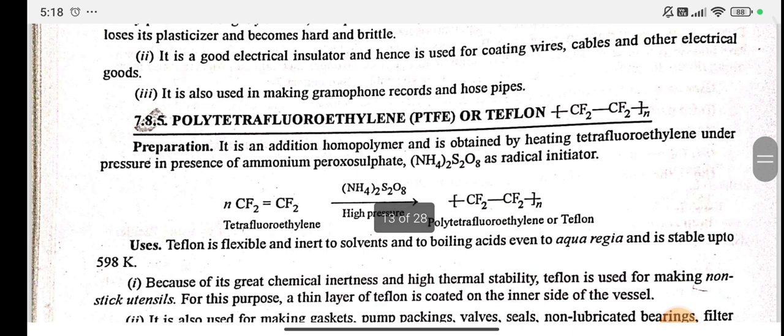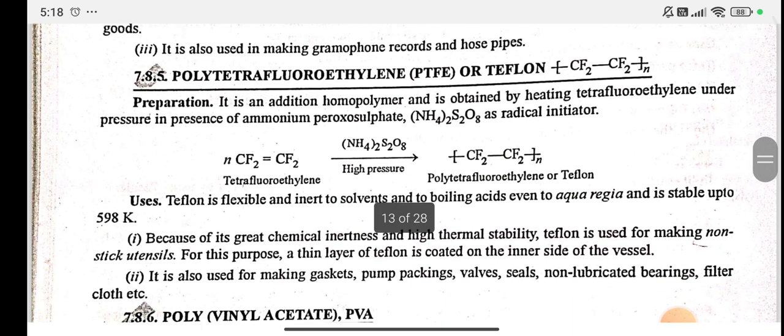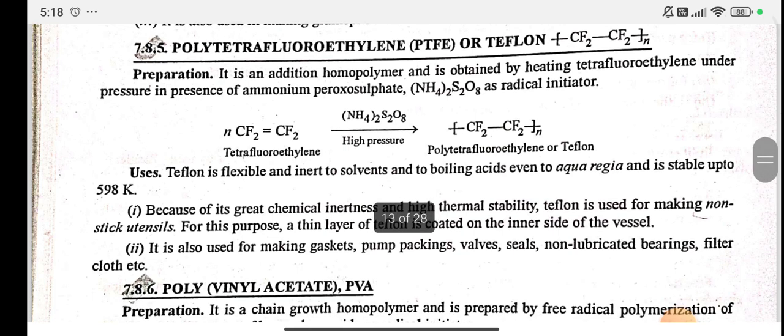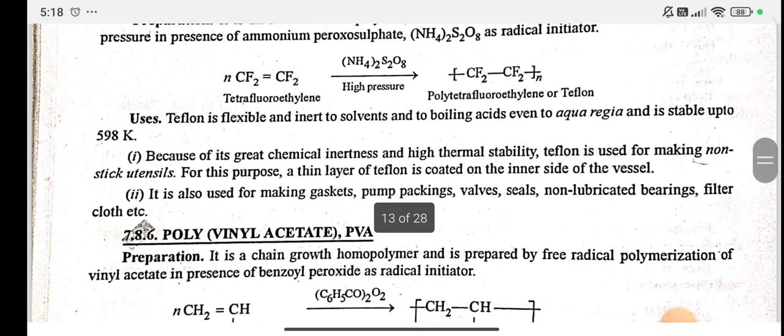Polytetrafluoroethylene or Teflon. Preparation: it is an addition homopolymer and is obtained by heating tetrafluoroethylene under pressure in the presence of ammonium peroxosulfate as a radical initiator. Uses: Teflon is flexible and inert to solvents and boiling acids, even aqua regia, and is stable up to 598 Kelvin.